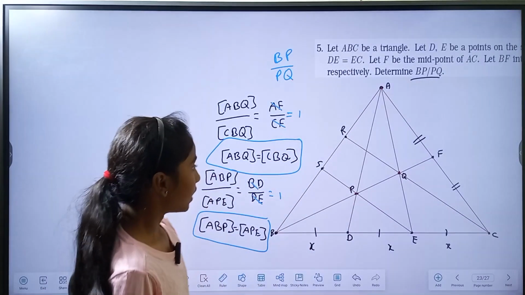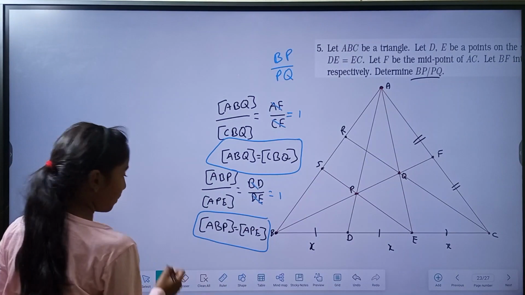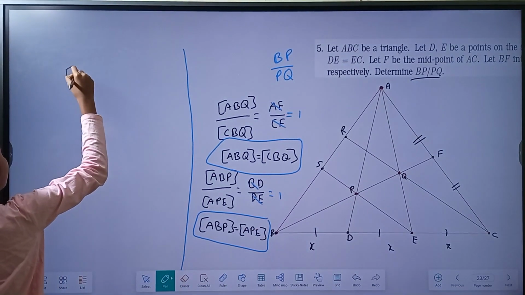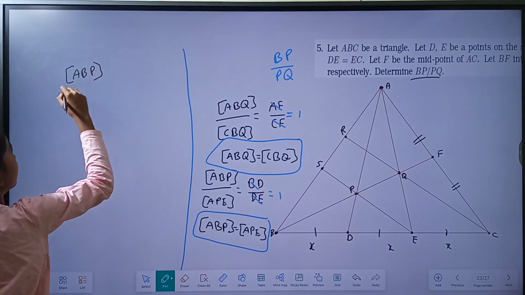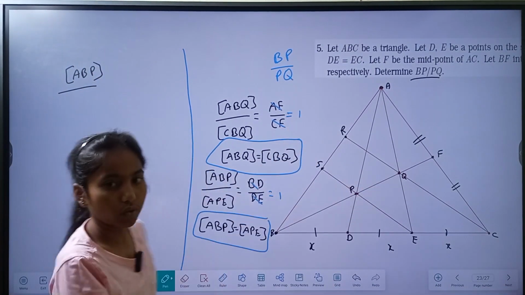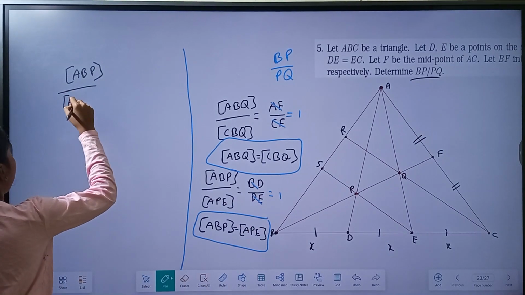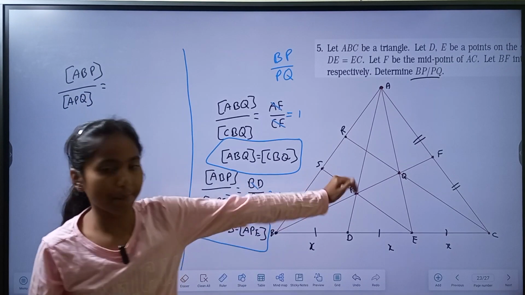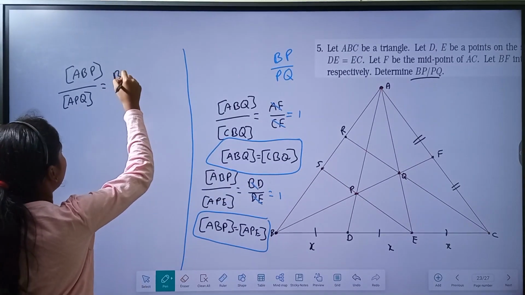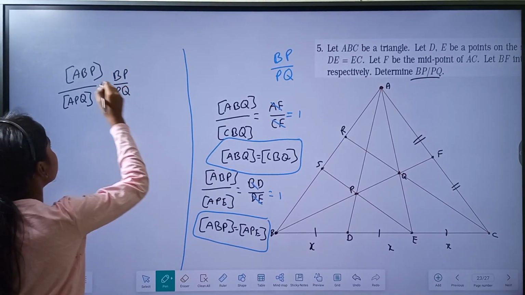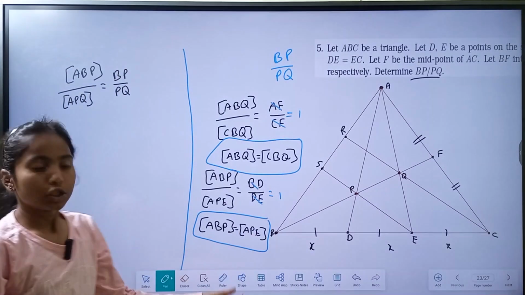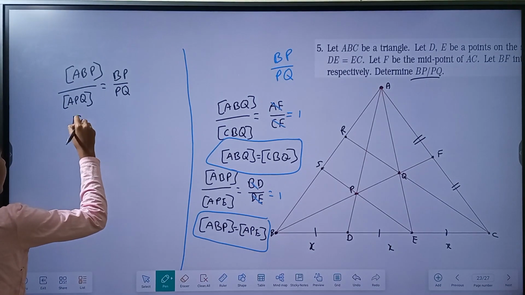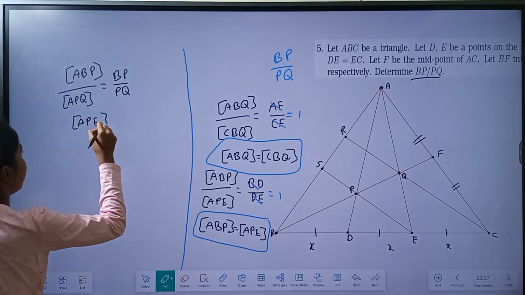So the ratio of the areas ABP divided by APQ is equal to BP by PQ. Now we have found ABP equal to APE, so we can substitute this value into this ratio, APE divided by APQ.